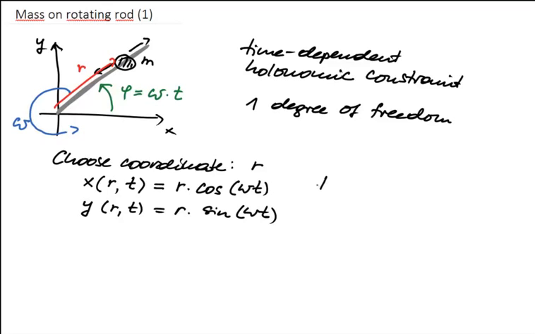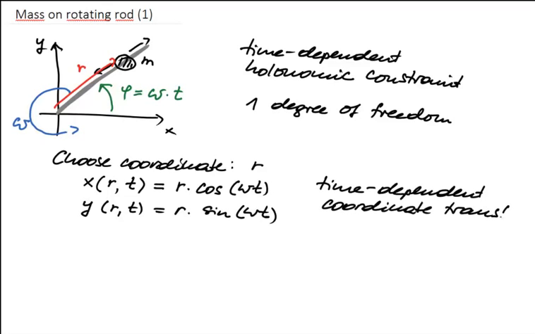So here we have a coordinate transformation which is time dependent. And an immediate consequence of this time dependence is that here the Hamilton function is not equal to the mechanical energy.